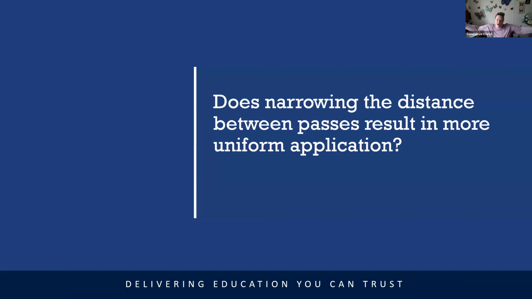If you are too wide and you narrow that distance between passes, yes, we can get more uniform application. But if we are already narrow and then we narrow it even more, then we can actually get less uniformity in our application. So it really does depend. Narrowing to a point does result in more uniform applications.